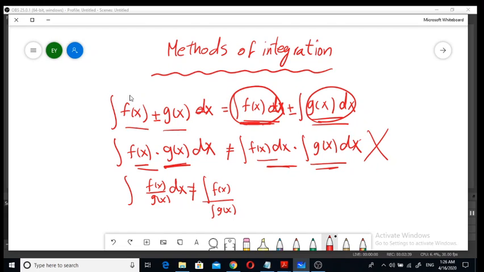So we are not going to distribute the integration in the case of a product of two functions or the quotient of two functions, because as we have studied before, we don't have a product rule or quotient rule in integration like the derivatives. So the question is, how can we integrate the product of two functions or the quotient of two functions?